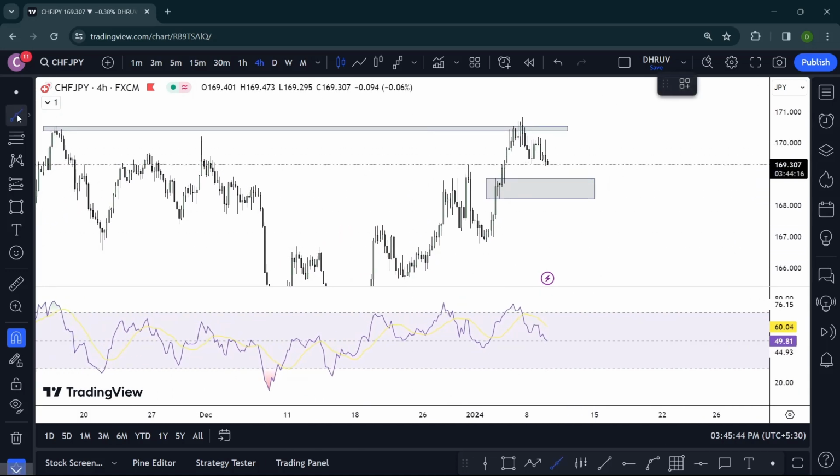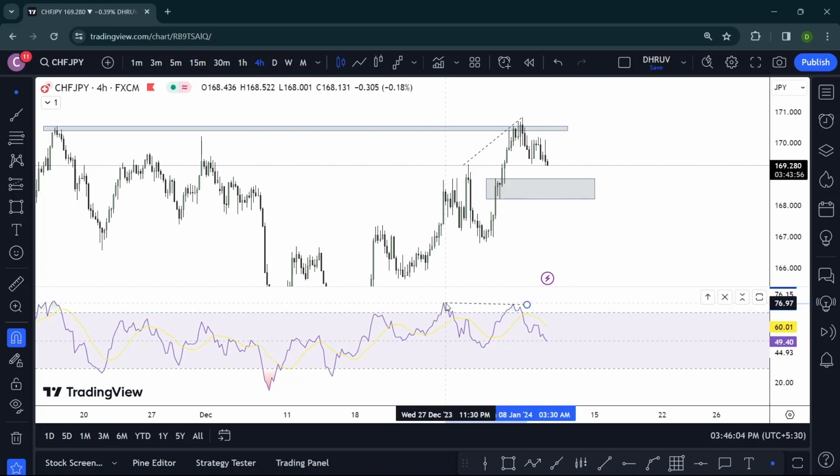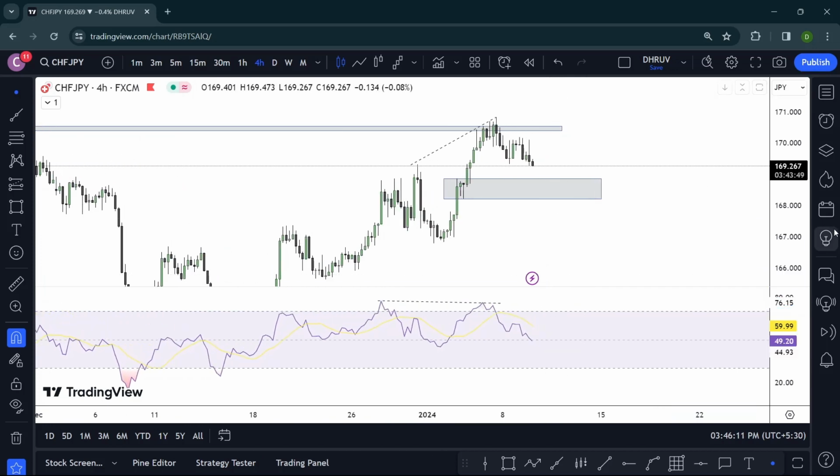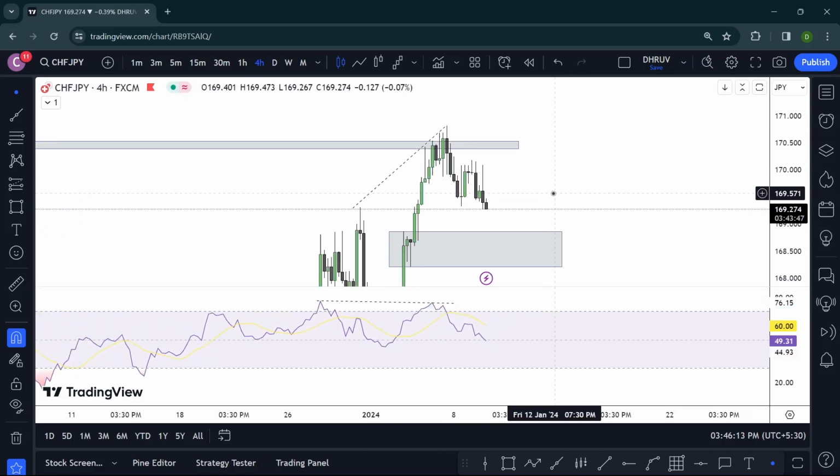If you know the divergence concept, you can simply see that price is making higher highs, right? But on RSI we are having a lower low, right? So this is a divergence for sell. This is our fifth confluence, right?